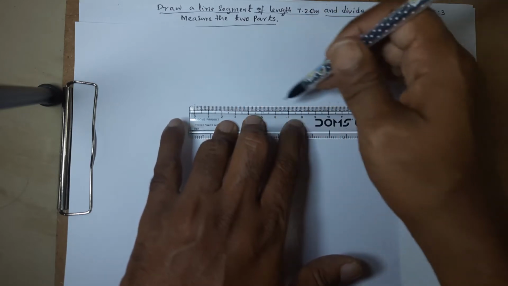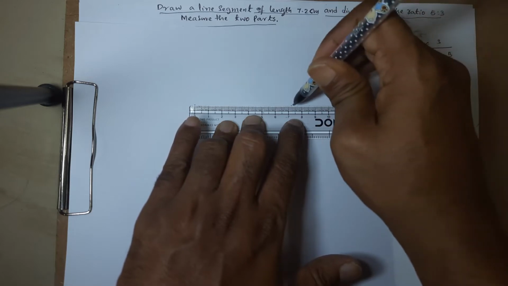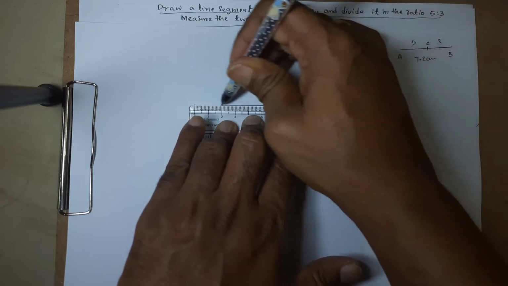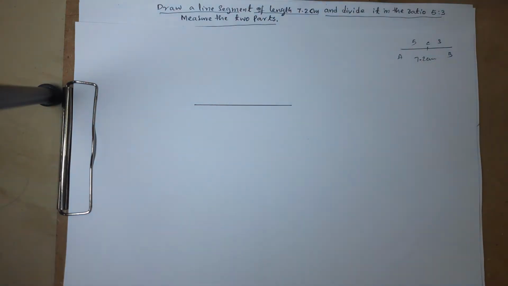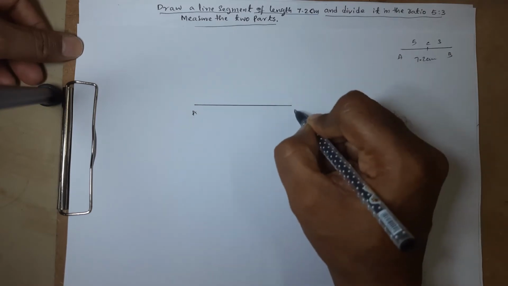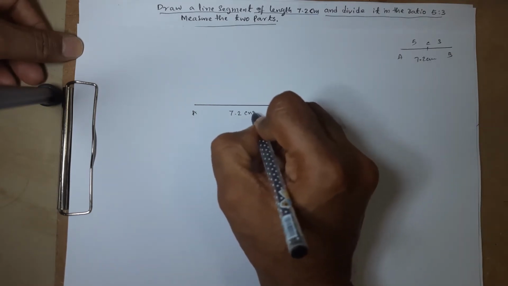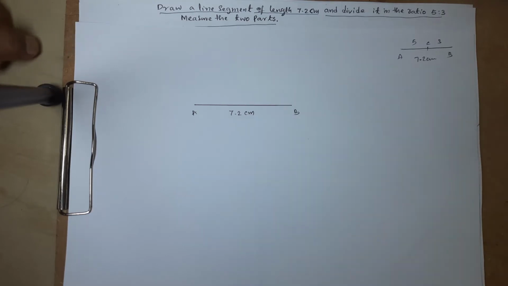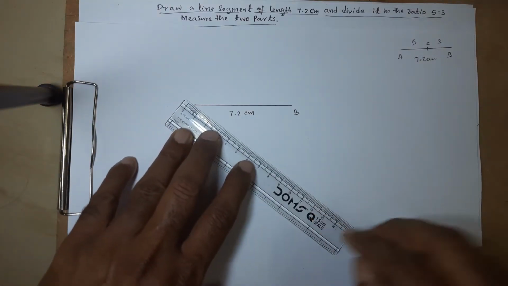Here you put a point, and at 7.2 centimeters, put another point, and join these 2 points. Then you will get a line segment. This is AB, 7.2 centimeters. What next?